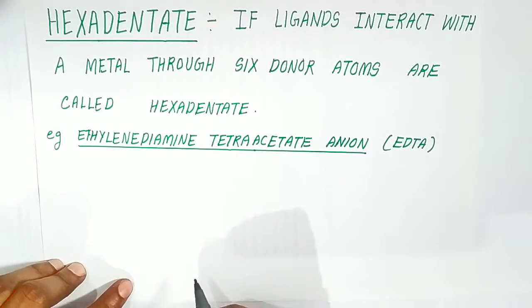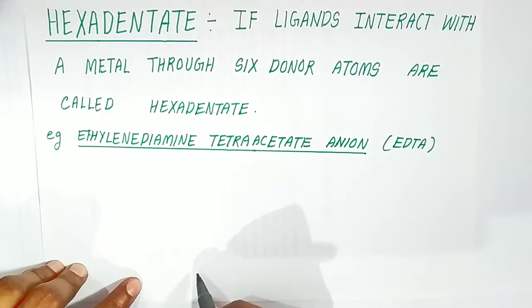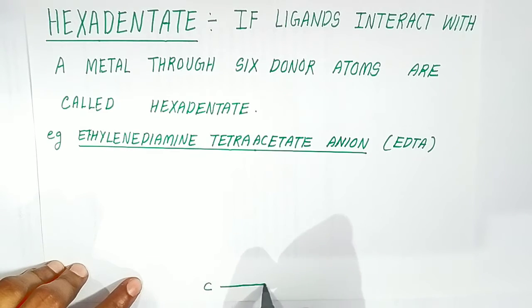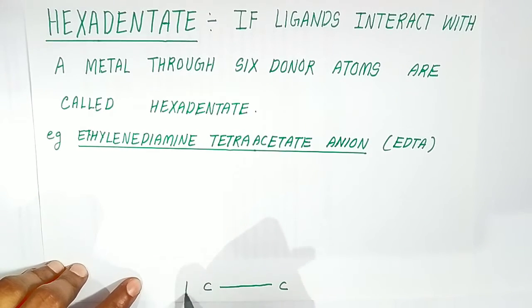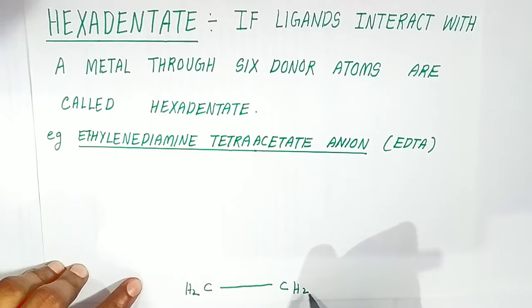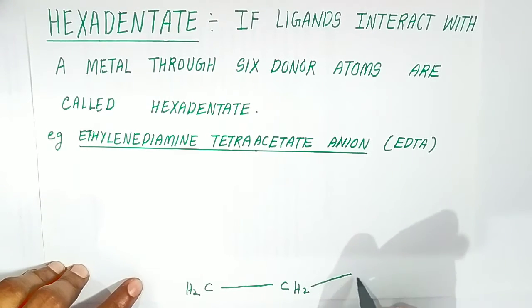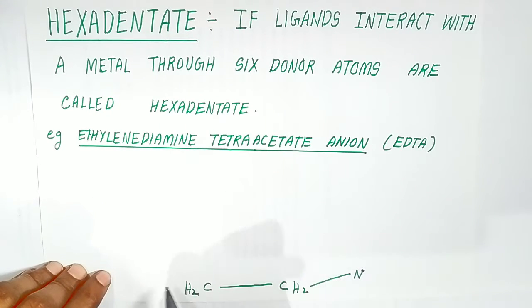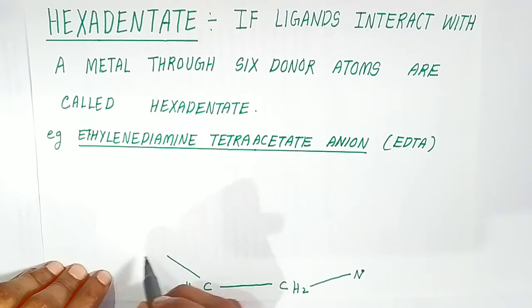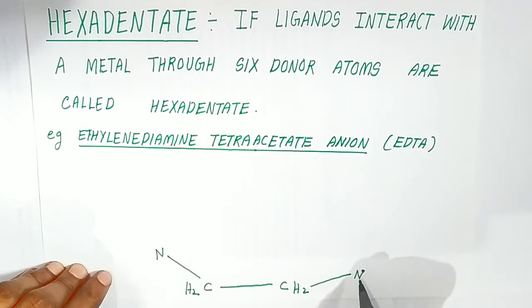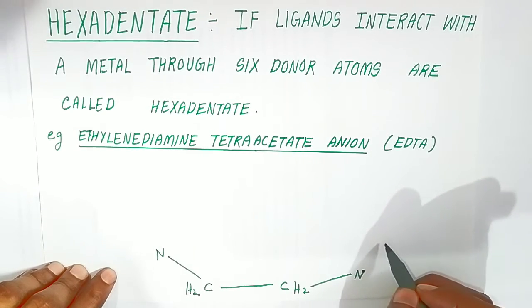Now how are you going to write this structure, students? First you write the ethylene diamine structure, carbon carbon single bond. This is the ethylene diamine, because it is connected with the 2 amines. 1 amine I am putting here and the second amine here. Okay students, now because it has 2 valencies, 2 acetate molecules we are now going to connect.